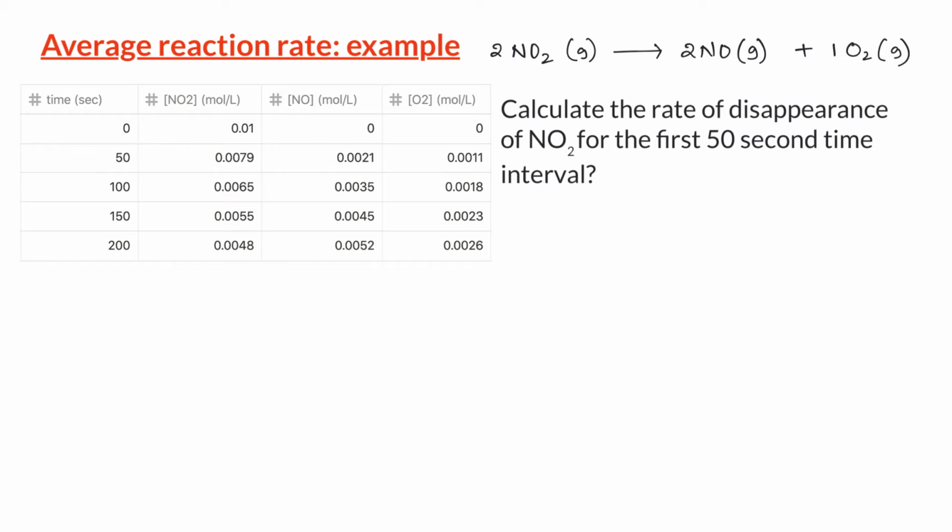Here is the data collected. We have concentration of reactants and products at various time points during the reaction. Now the question is, calculate the rate of disappearance of NO2 for the first 50-second time interval. Pause the video here and try to answer this question.